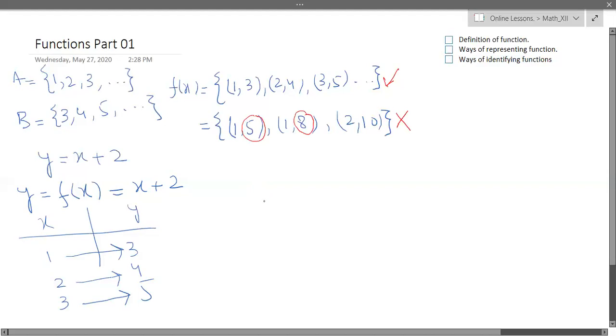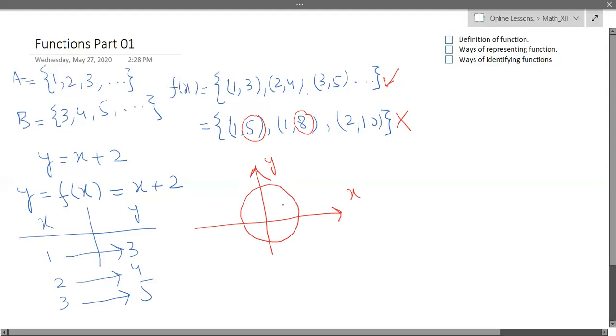Now, there's one more situation where you will be asked to identify whether this is a function or not. So I'm going to draw a graph. This is the y-axis and this is the x-axis, and I'm drawing a circle. If you're asked whether this graph represents a function or not, how would you identify?